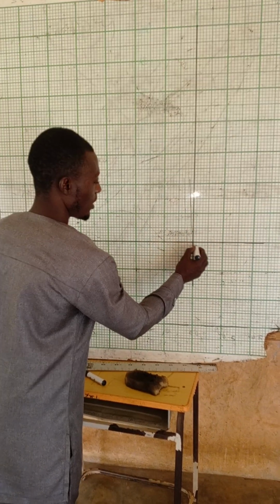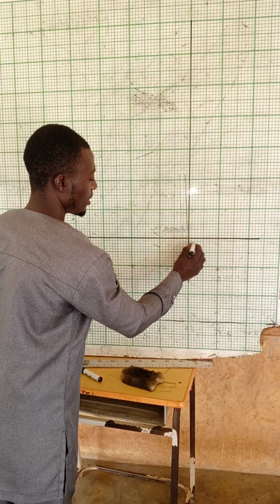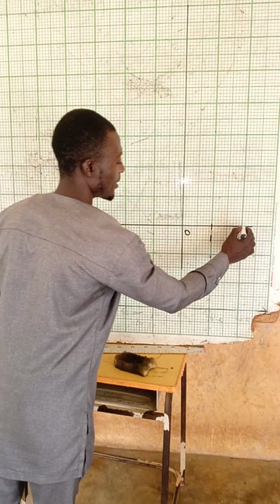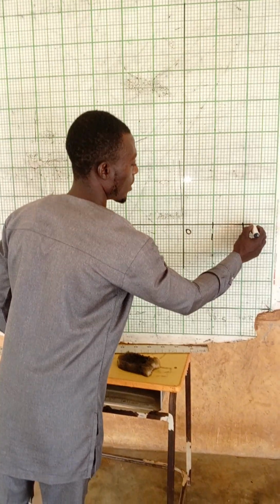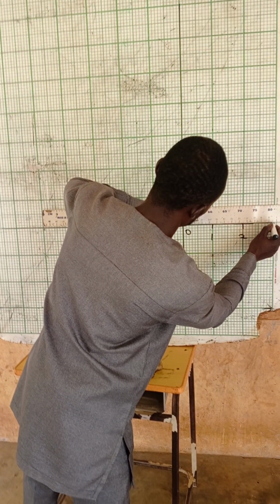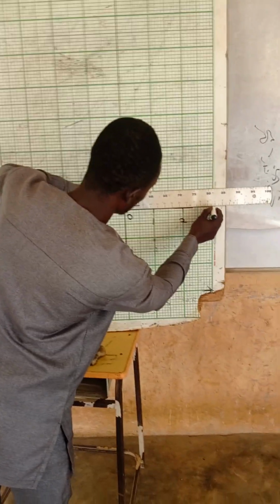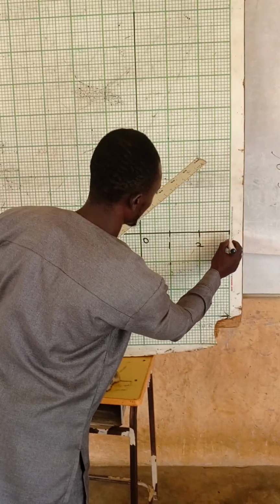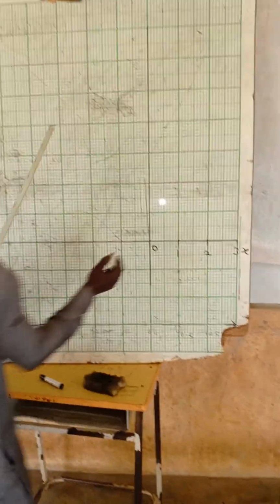Okay, so let's label the axis 0, 1, 2, correct. So this is the x-axis.